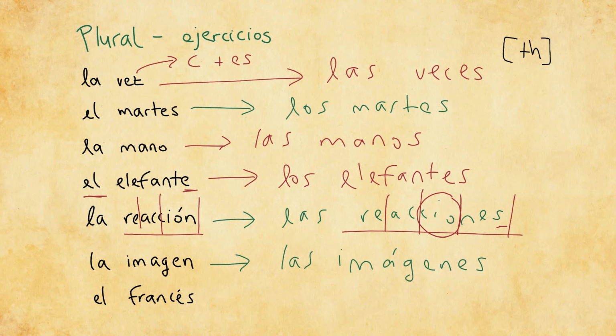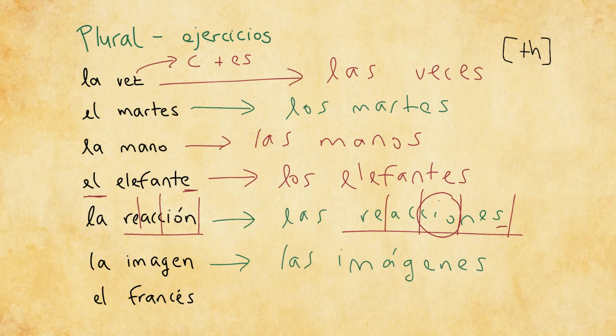And the last word I have here is el francés, which means French. So it's an adjective, something pertaining to France, or it can be a Frenchman, or it can even be the French language. But in this case, we'd probably be talking about a Frenchman, el francés. If I want to say there are more French people somewhere, I would say los franceses.